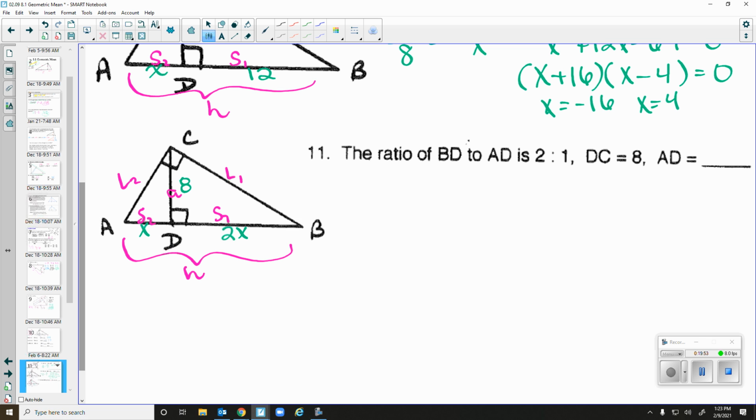Are we using a leg or an altitude proportion? Altitude, because we have an altitude of 8. The other two that meet the extremes are the segments. So x and 2x.